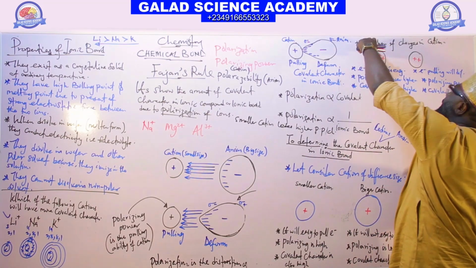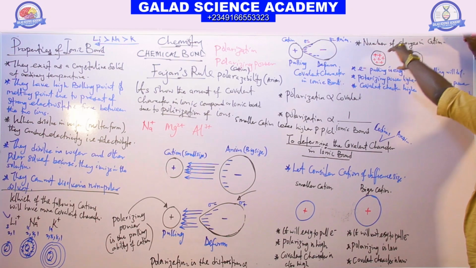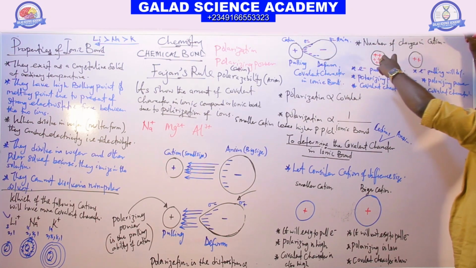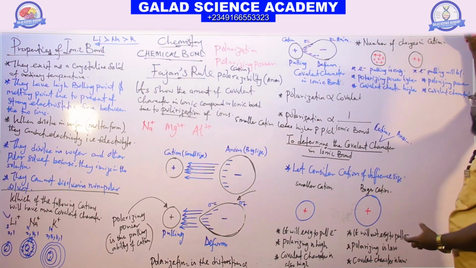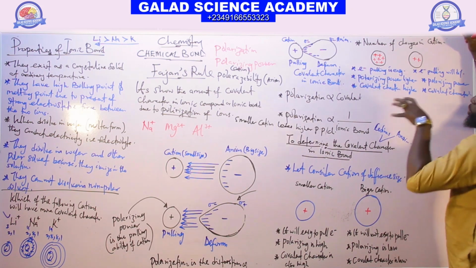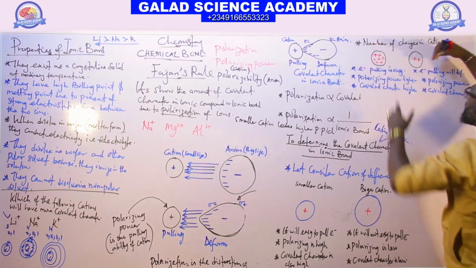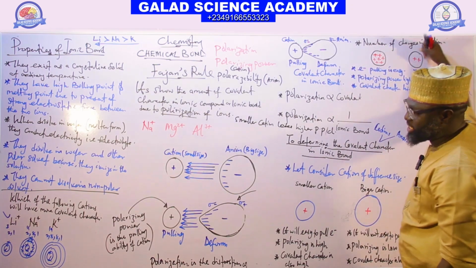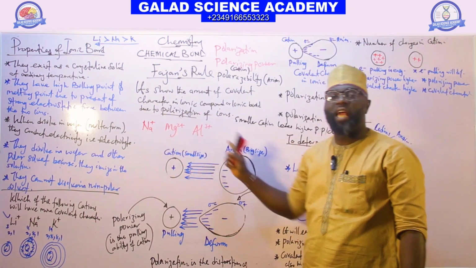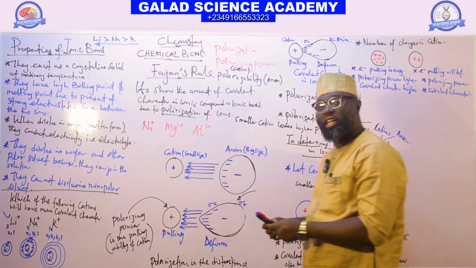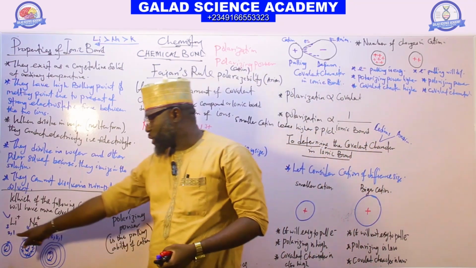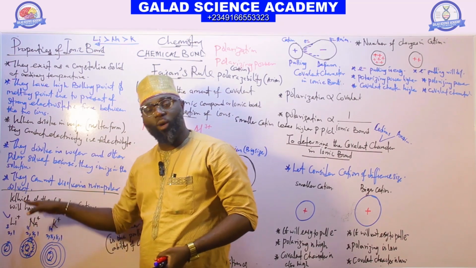We say that the cation that has more charges is the one that experiences more covalent character, and also has high polarizing power compared to the one that has the least charges. Which of the three has the higher charges here? If you look at them, we use the shell to determine the size.